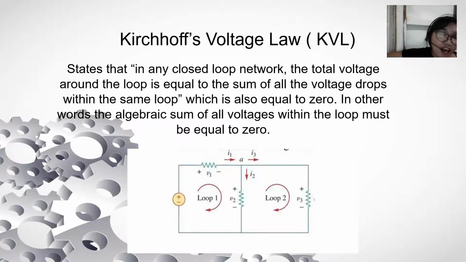For short, if there is 10 volts going into your circuit, then the 10 volts coming out of the circuit is also the same. So the positive and negative of the voltage getting in and out of your circuit are the same.